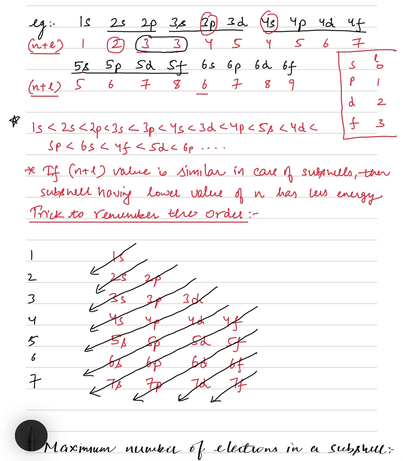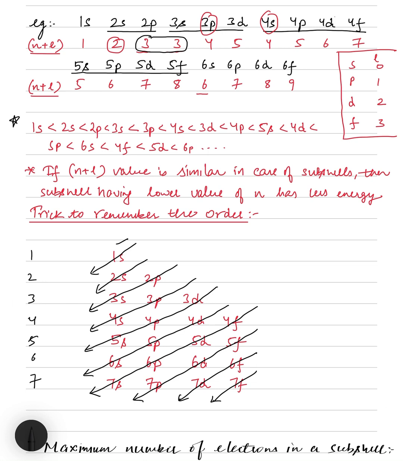If you compare this arrangement of arrows with the above mentioned order which we have just done, first comes 1s, right? Then 2s and 2p. So first comes 1s, then we fill 2s. After 2s, the arrow is coming from 2p to 3s, right? This is the direction of the arrow from 2p to 3s.